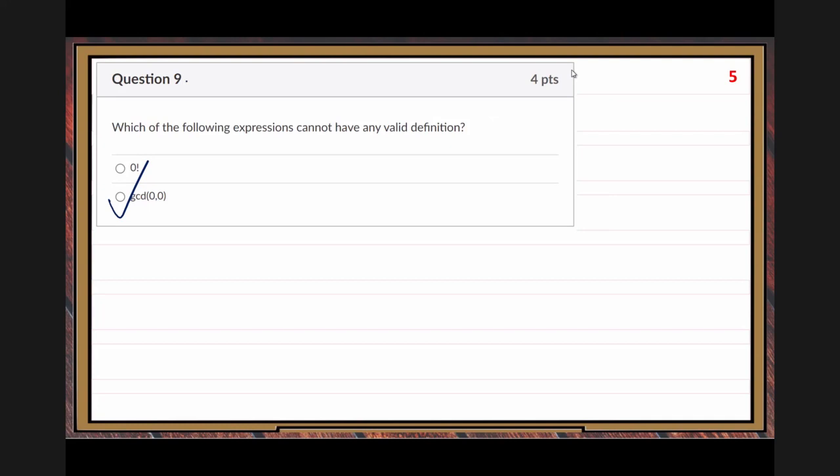Because when you consider here n equals 0, and also equal to 0, we want to see greatest common divisor, right? Let's look at the common divisor.